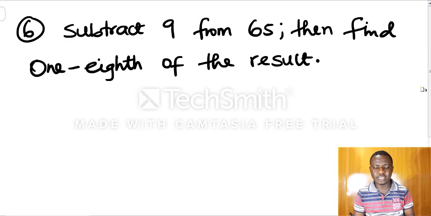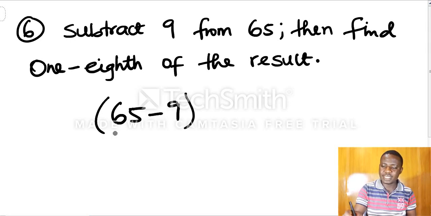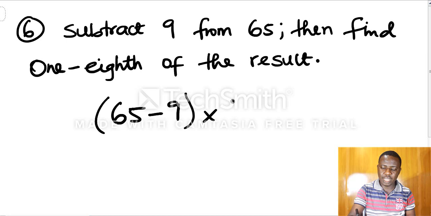Question 6 says you should subtract 9 from 65. That is 65 minus 9. Then find 1/8 of the result. That is times 1/8.